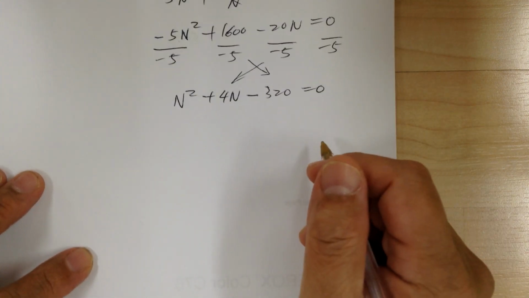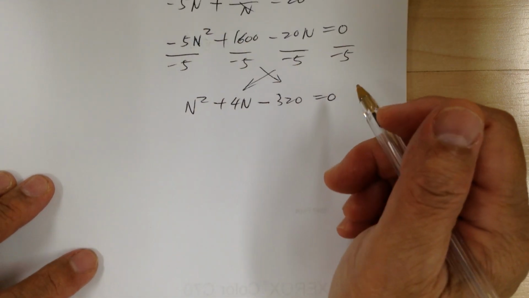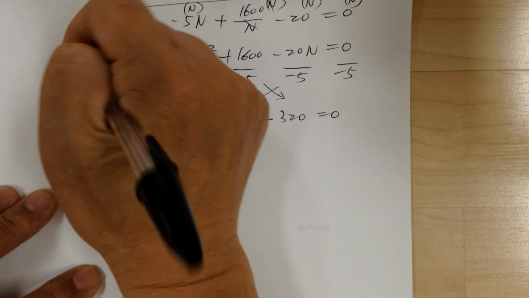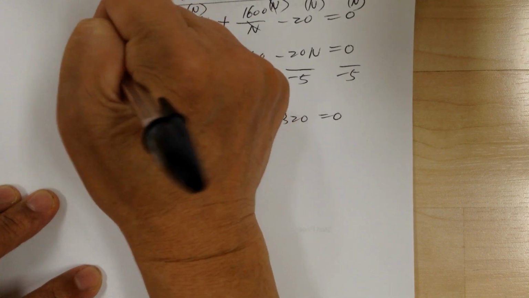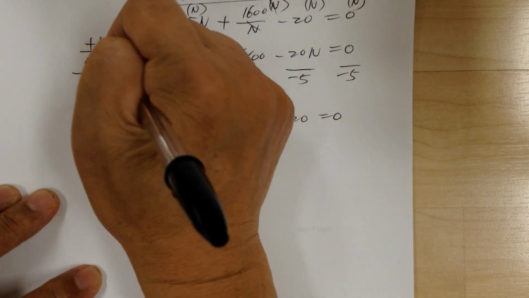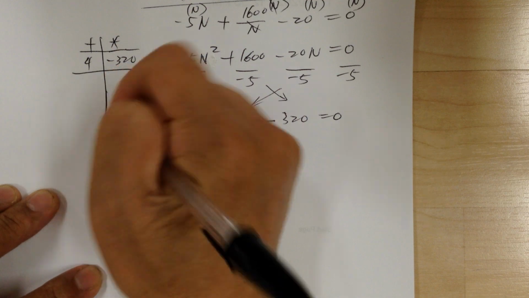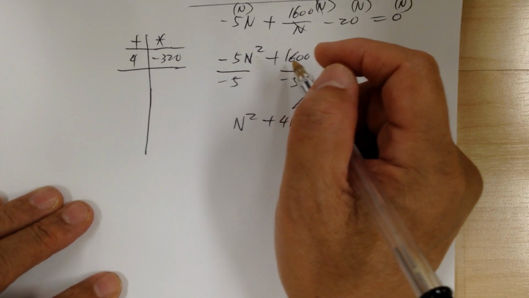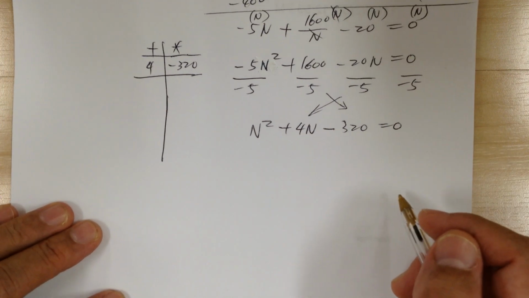Okay, so now I'm going to do factoring, using my master product. So I need numbers that add to get 4 and multiply to get minus 320. The number is kind of big, but if you just start with 1 and go down the list, you can get it pretty quick.